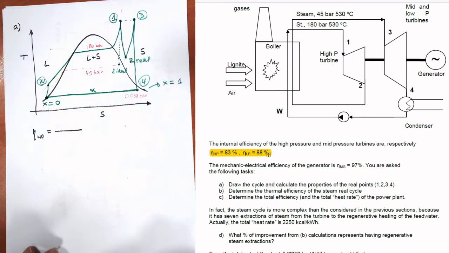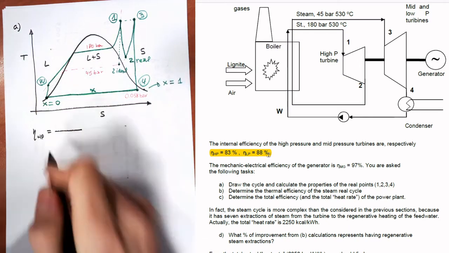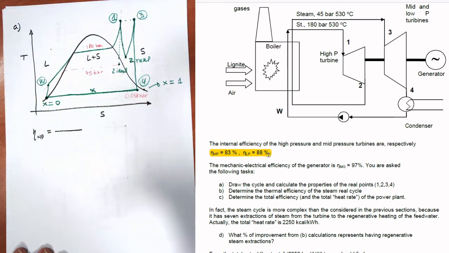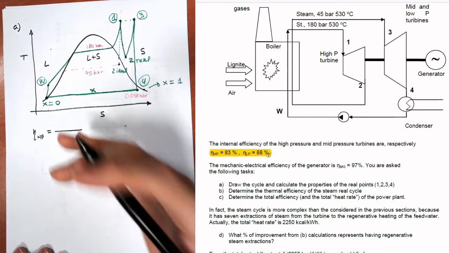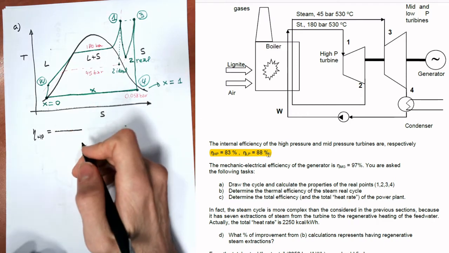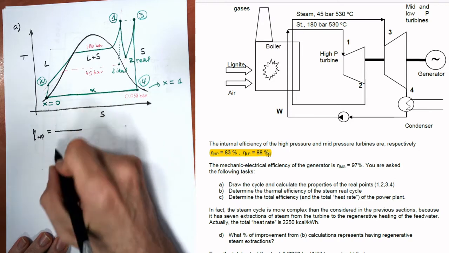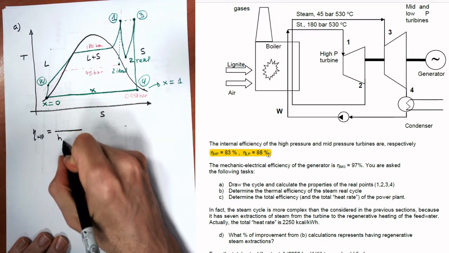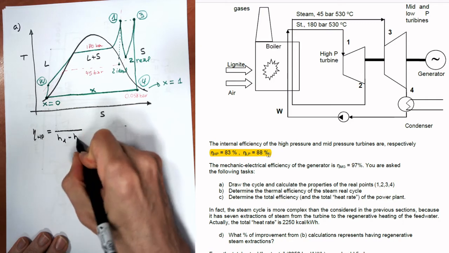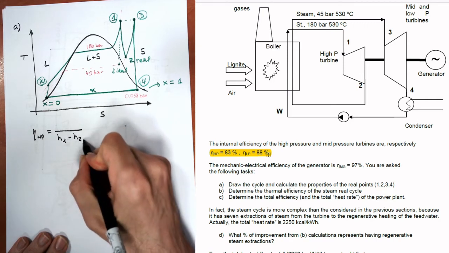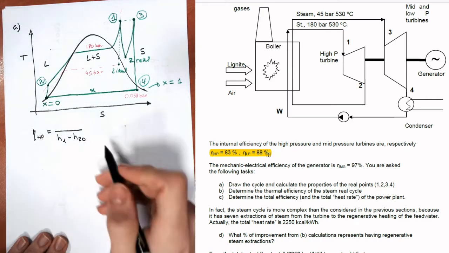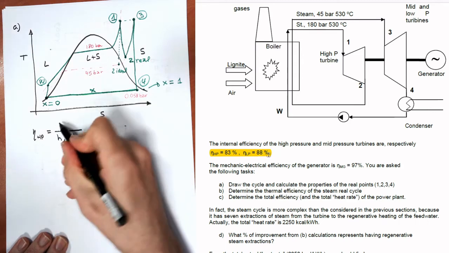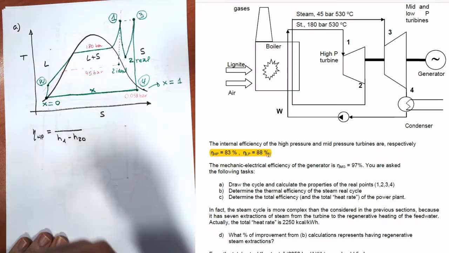So the efficiency here is what we really obtain divided by what we could obtain if the process was perfect, ideal. So the perfect process is H1 minus H2 ideal, as written in the handout. But we don't obtain that.